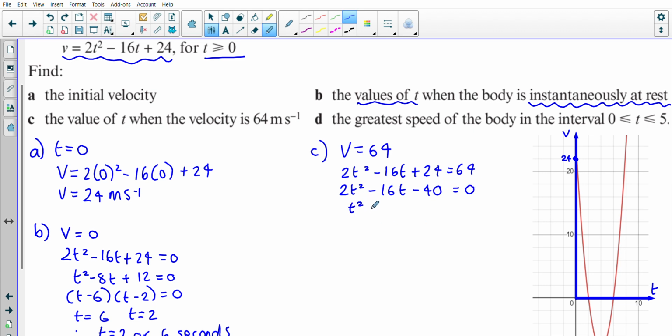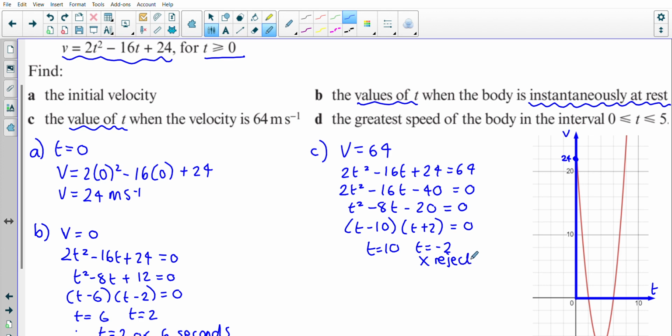I will divide by 2 again, and this should factorise quite nicely. Now I'm only going to get the one value, and it does say the value of t, and that's because I have to reject the negative value. t is greater than or equal to 0, so therefore t is 10 seconds.